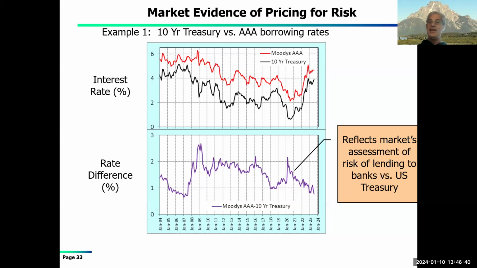Because if the risks were well known and understood, if it were constant, that purple line should be relatively steady. And it's not. And that tells you something about financial markets.